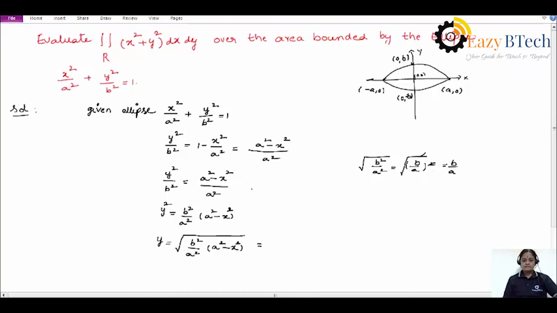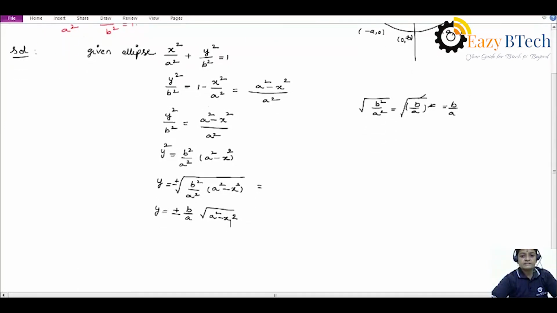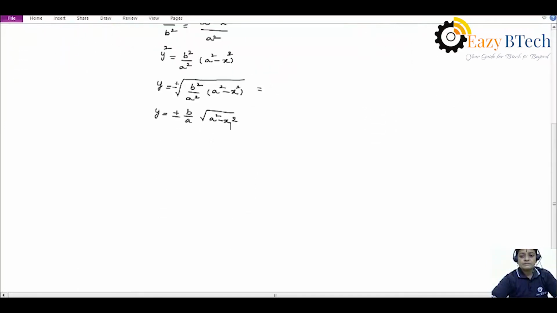Then the answer is, and this value is nothing but here y is equal to plus or minus b by a into root of a square minus x square. Okay, so using the ellipse equation we find the value of y here. These y values become the limits of the given problem. Okay students, so writing the limits here.